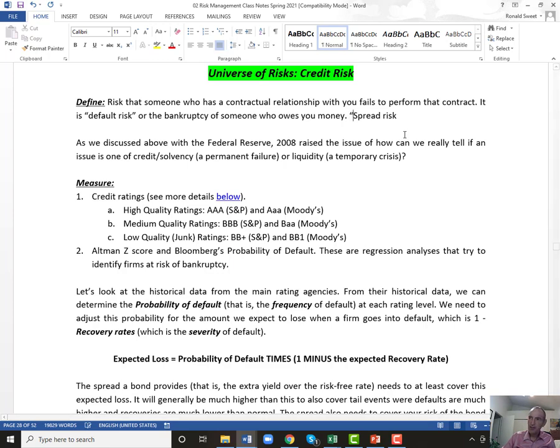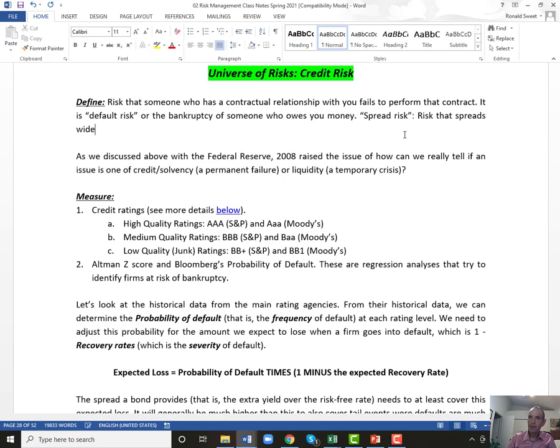What spread risk is telling you is the risk that spreads widen because the probability of default goes up, even though there was no default. Spread risk is really a form of price risk.